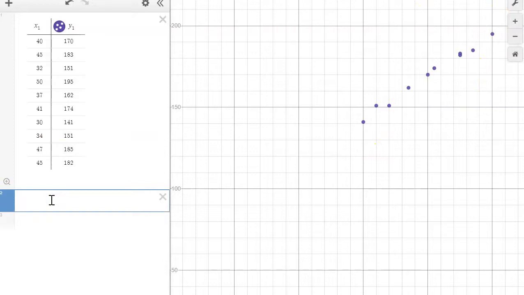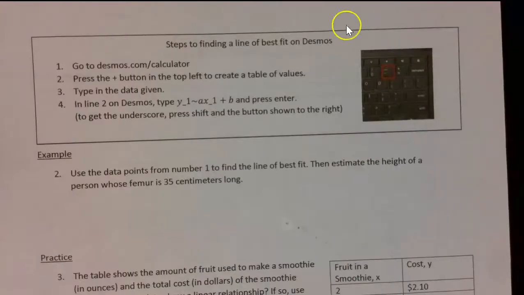The next step to doing it on Desmos is to type y underscore. If I look back at my notes, I'll show you. The underscore button is right here, so I press shift and this button at the same time.